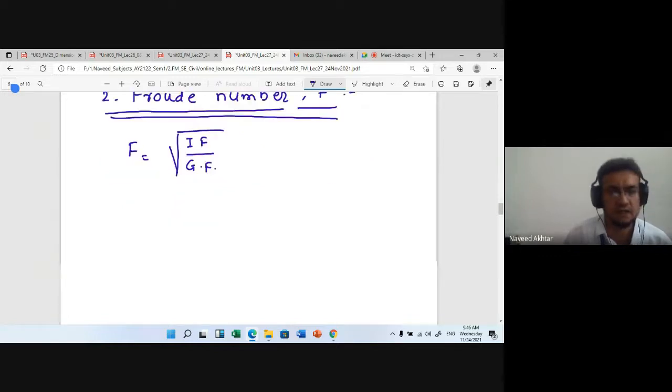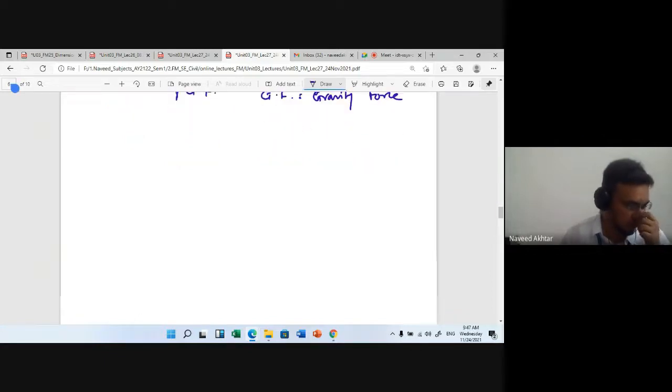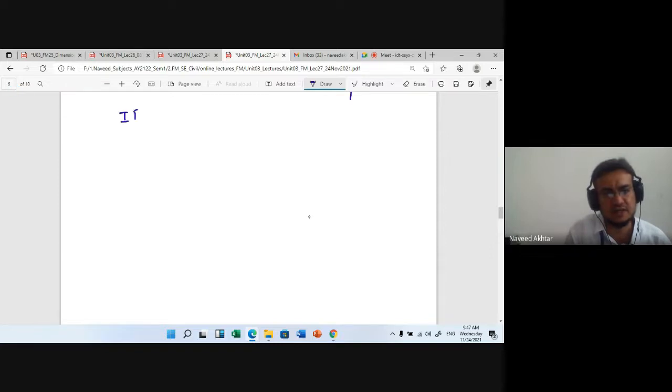So you know that IF is the inertia force, and GF is the gravity force. IF we have already calculated previously: it is mass into acceleration.